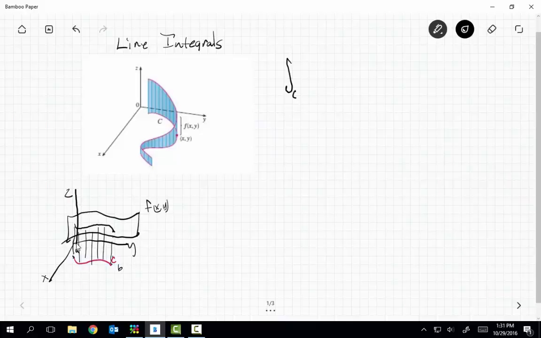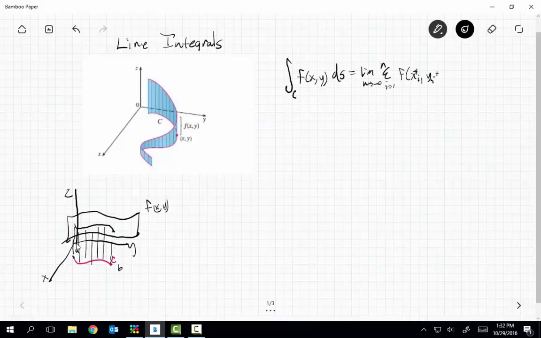Now watch. It's f of x, y, and then, what's the length of the curve? We've seen this before. It's ds. I could write this in Riemann sum notation: the limit as n goes to infinity of the sum as i goes from 1 to n of f of x sub i star, y sub i star, times delta s, because we'd have to pick some value at which we shoot up to the function.